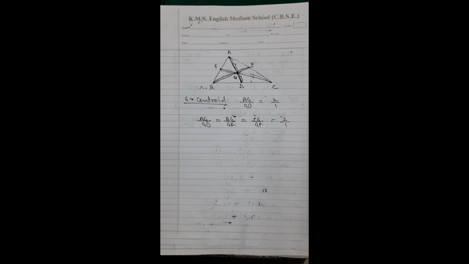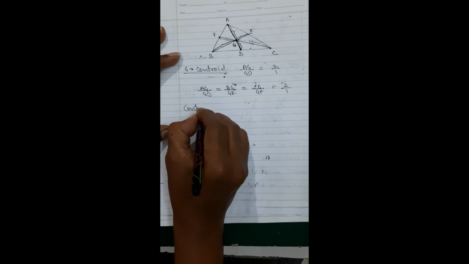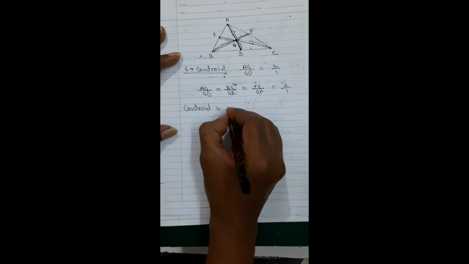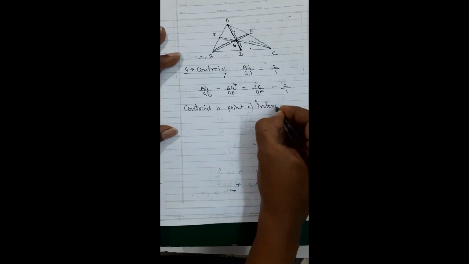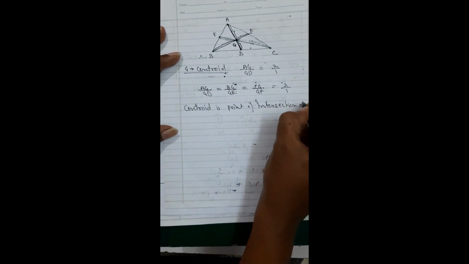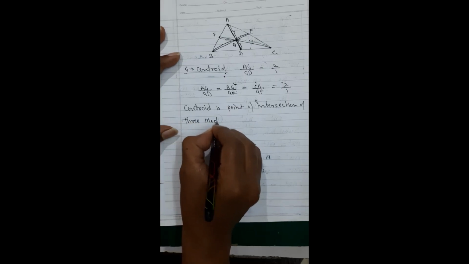First of all, what is a centroid? Basically the intersection point of the 3 medians. Centroid is the intersection of 3 medians.